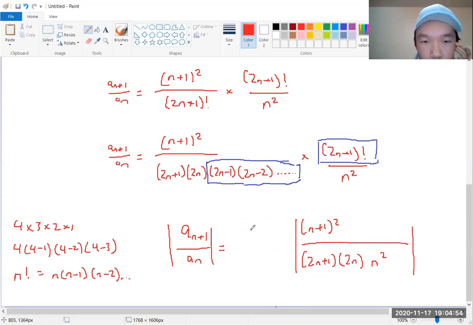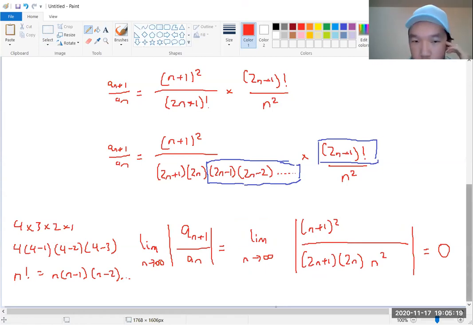So when you take the limit, what do we get here? Yeah, you get 0, right? Because the degree in the denominator is 4 and the degree in the numerator is 2. So this goes to 0. Okay, what does this tell us about the series?